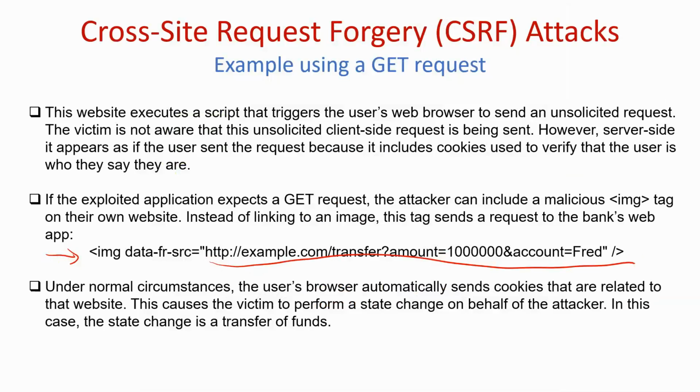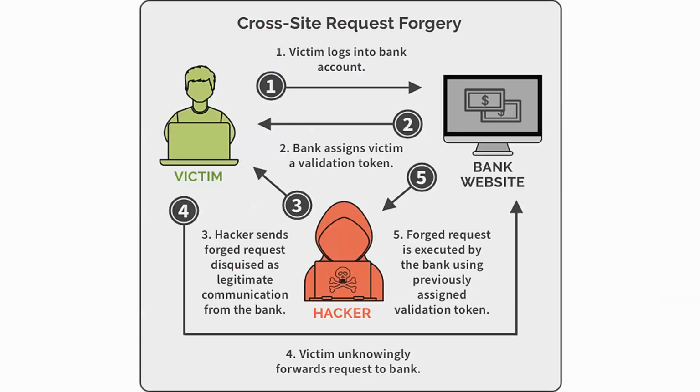And because the user is already authenticated to the system, to the bank website, once the victim's browser generates this HTTP request that the hacker has tricked them to generate, it will automatically contain the legitimate cookie ID, which the bank website will verify and allow the transfer in this case. This is why the victim must already be logged in the system and must have obtained a cookie ID from the bank before any of this happens.